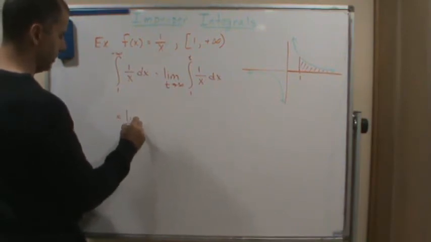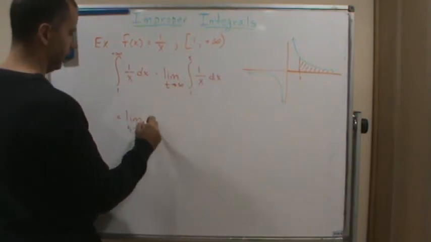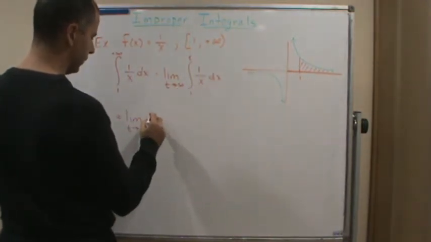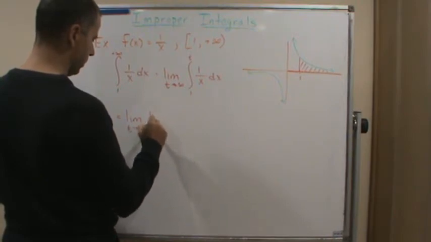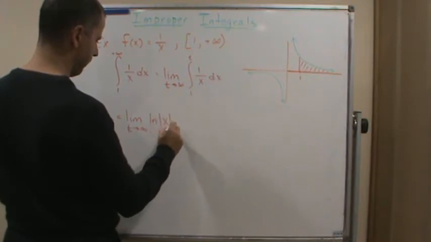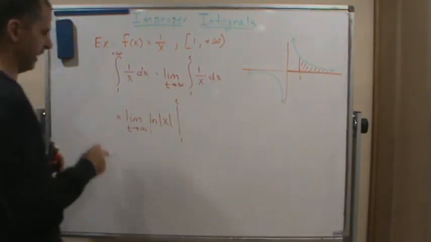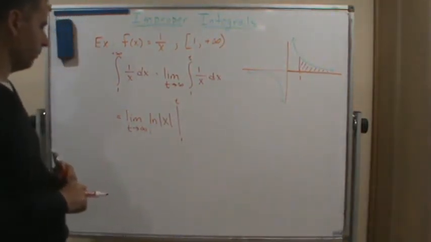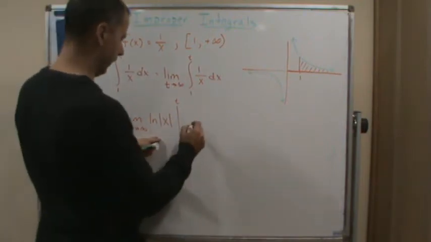So again, the limit as t approaches infinity gives me what? Well, the integral of this is going to be the natural log of the absolute value of x, right? And then we're going to evaluate that from 1 to t, right? Okay. So now let's keep going.